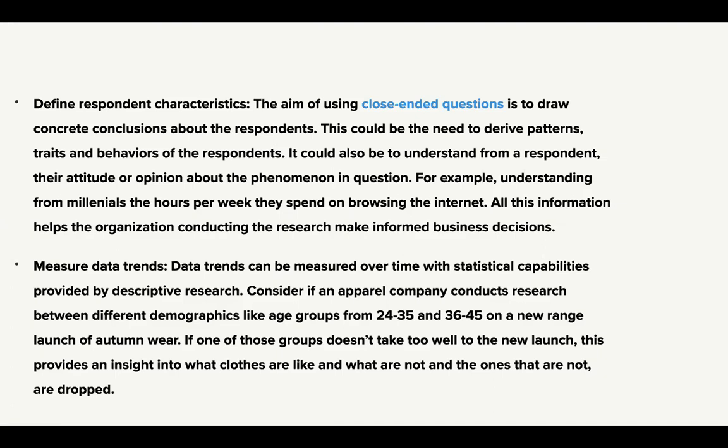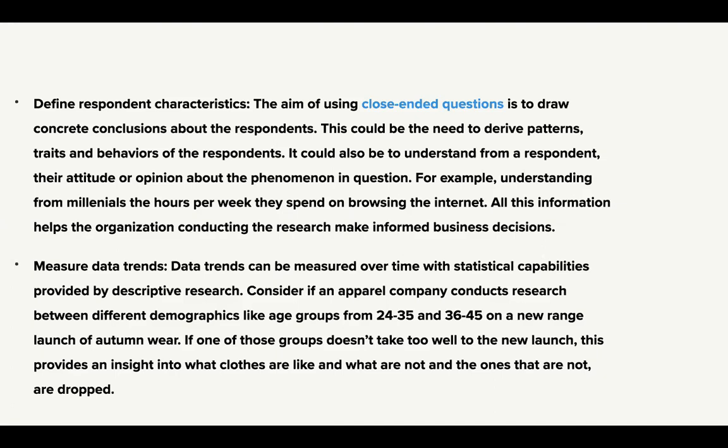If one of these groups does not take too well to the new launch, this provides an insight into what clothes they like and what they do not, and the ones that are not liked are dropped. This is an example for measuring trends. This is about apparel or garments.